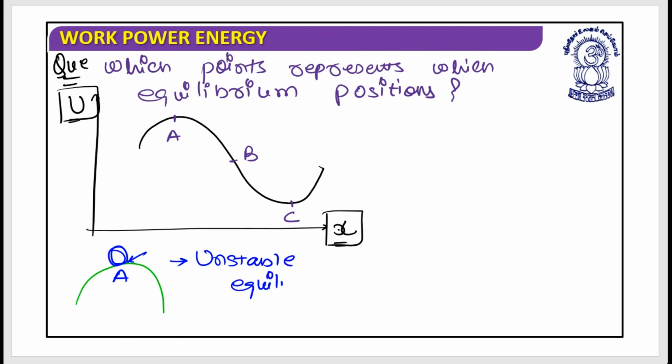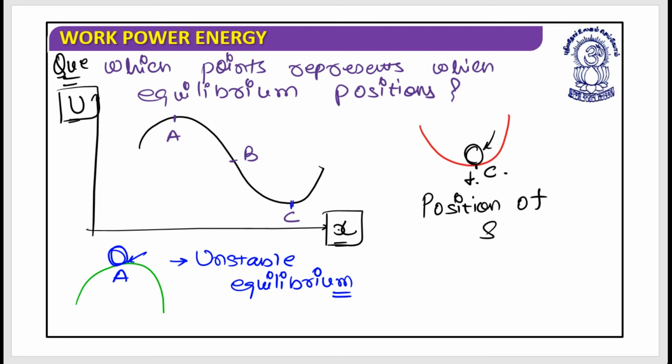Now let's look at point C. Put an object over here, displace it slightly and observe it. Will it come to its original position on its own? My answer would be yes. That means the location C represents a position of stable equilibrium.